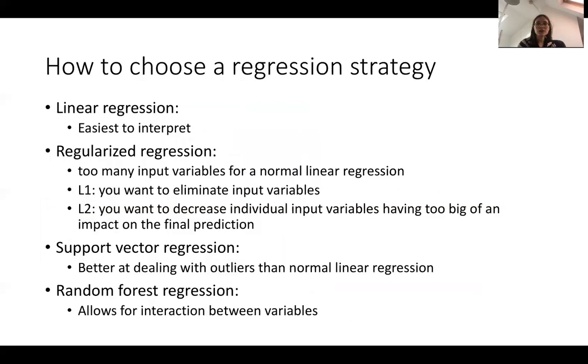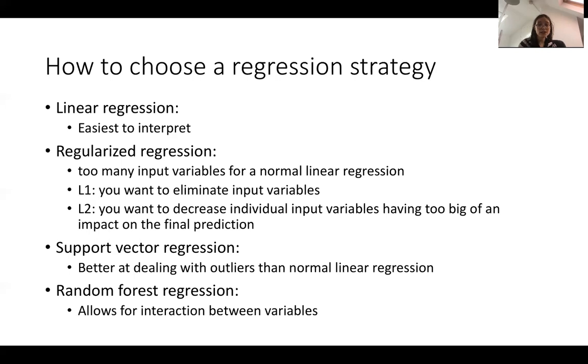So how do you choose a regression strategy? Well, linear regression has a bunch of benefits because it's easy to interpret. For example, you can look at the coefficients and learn how each of the variables relate to the output variable. Regularized regression is often necessary if there's too many input variables for normal linear regression. You want to choose L1 if you want to eliminate many of the input variables and have a smaller set of input variables. L2 regression is what you want to do if you don't want any individual variable having too big of an influence on the final prediction.